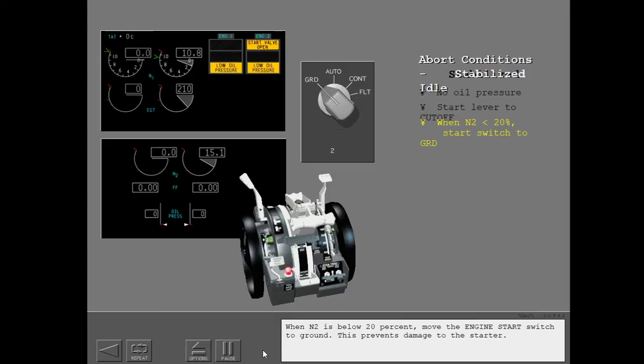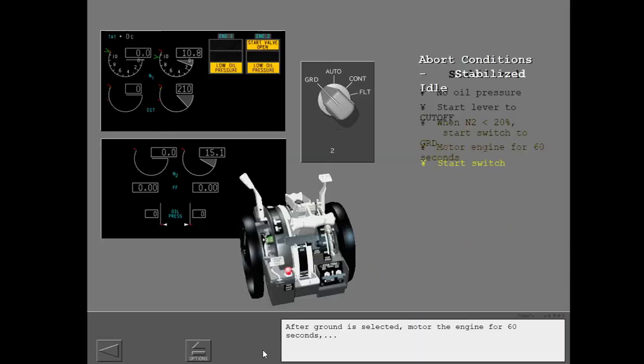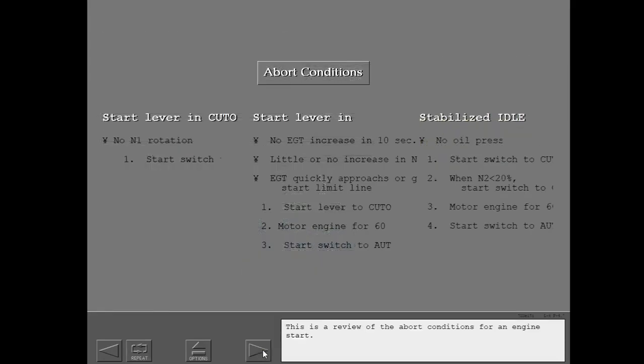This prevents damage to the starter. After ground is selected, motor the engine for 60 seconds. And then move the engine start switch to auto. This is a review of the abort conditions for an engine start.